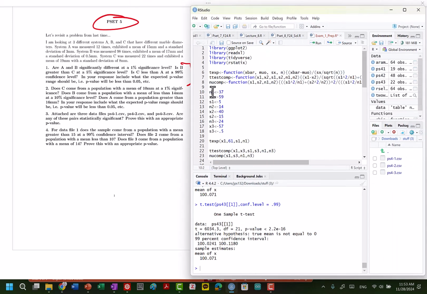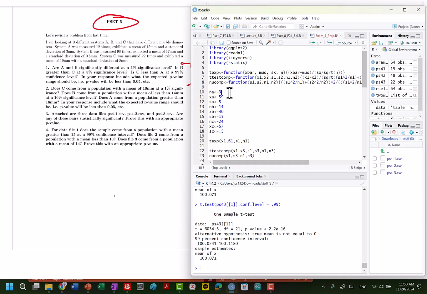Let's do NA, XA, SA, and then B, or actually C. Let's go up here, C, and C.